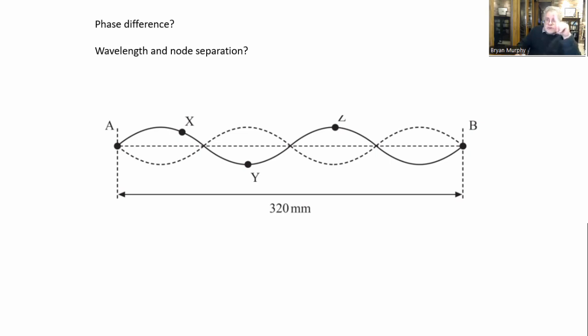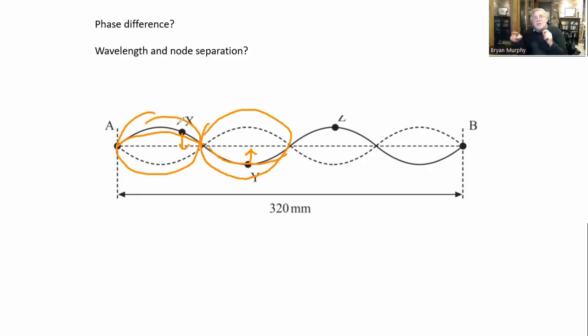What's happening is, if you remember that animation I showed you, all of this part of the wave here is going down, and all of that wave is going up, which means that all of that is pi radians out of phase with all of that. It doesn't matter where it is along the wave. One part of the wave is going up as the other is going down. Okay, that is pi radians.